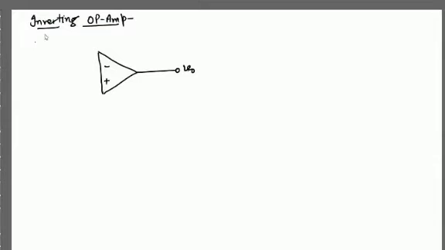Now let's talk about the inverting operational amplifier. Here I was talking about the inverting operational amplifier. If this is V naught, this is plus VCC, this is minus VEE, and I was talking about one more thing.